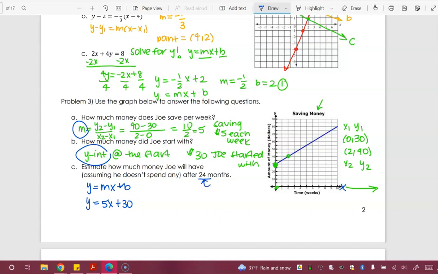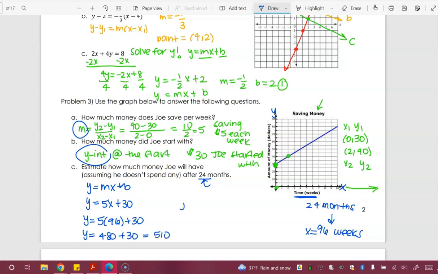Notice, is that an x value or a y value? Well, this is time. 24 months, I have to go to 96 weeks, and that's an x value. So I'm going to substitute that in for x. And then we're going to multiply 5 times 96, and then we'll add, and we get 510.